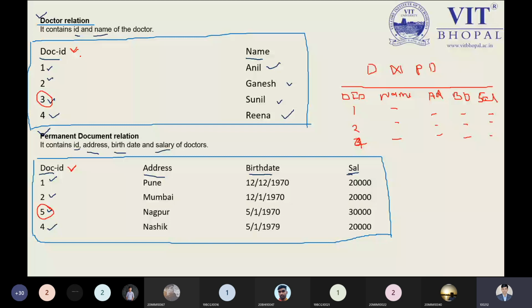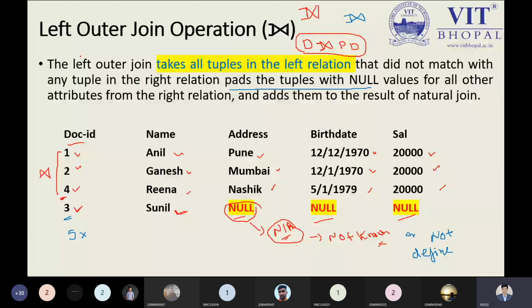Null means that at that particular point the value is not defined. In programming we also use null, which means the particular value is not defined. That's the sense. So the left outer join is clear to all now.